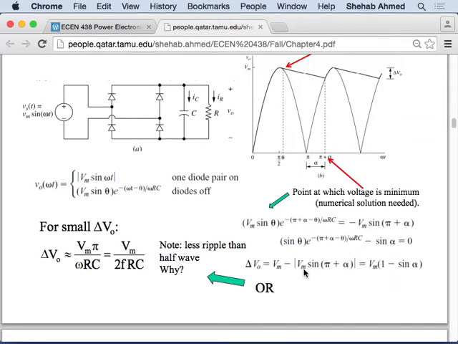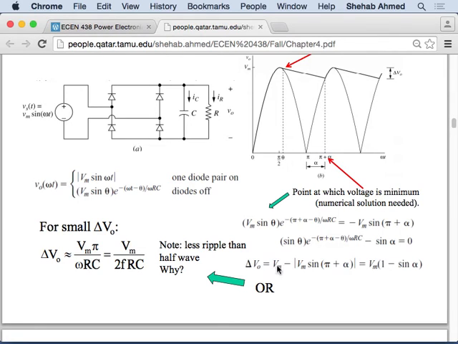So it's the absolute value of V maximum sine of pi plus alpha. This is my minimum. I'm subtracting my minimum from my maximum V maximum. My minimum is V maximum sine of pi plus alpha, which is the value of the sine wave at this point. So this is the exact equation.